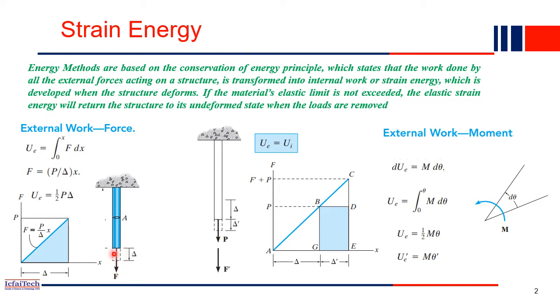Because strain energy is already stored inside, that strain energy will give it back to its original position. So because of the strain energy, the body will again go to its original position if we remove the external load F. So that is the theory of strain energy.